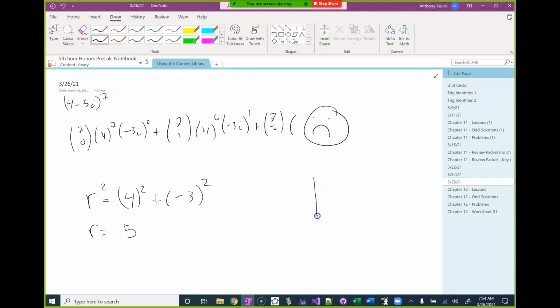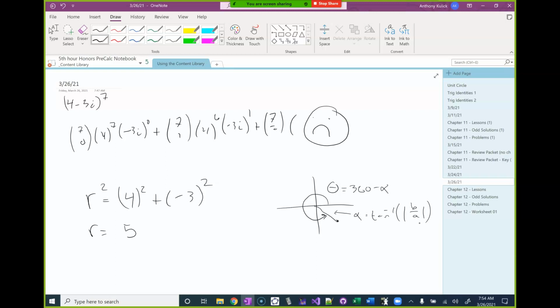And then to figure out the theta, if I plot this, 4, negative 3 is down here. So that's my theta. To find theta, I'm going to use the alpha. So here theta is 360 minus alpha, right? And alpha is always tan inverse of the absolute value of, in this case, b over a.